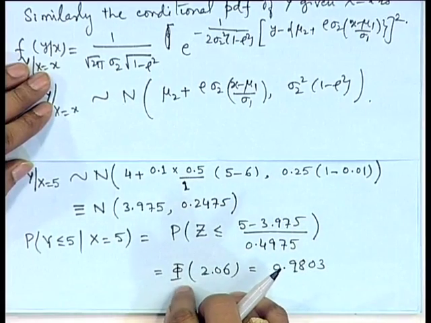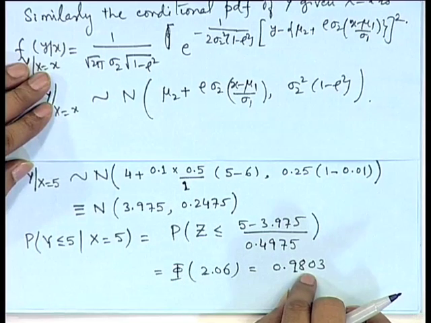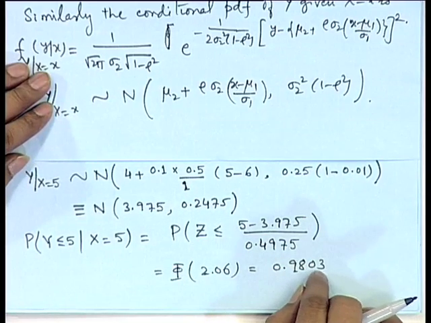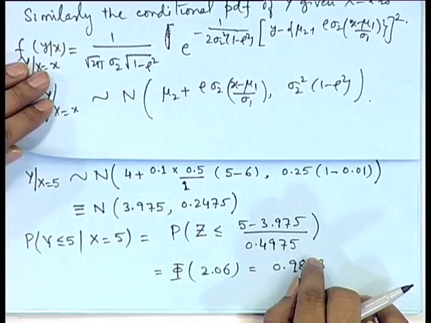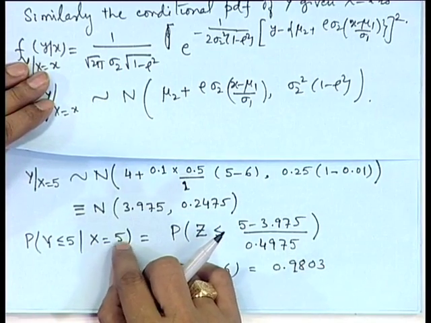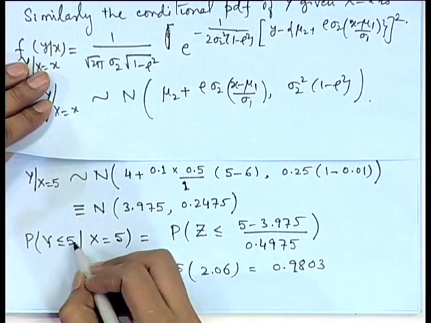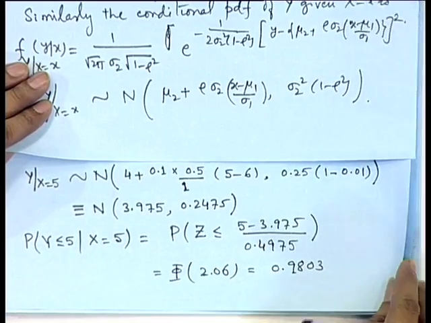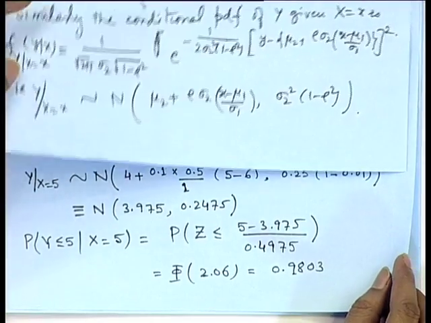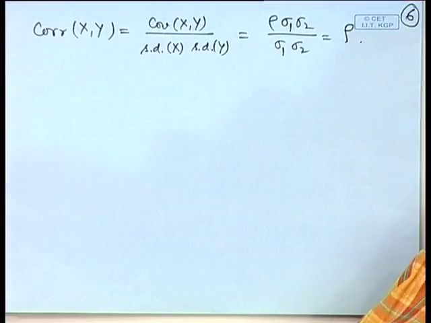After simplification it turns out to be phi of 2.06, which is 0.9803, which is quite a high probability, but that is understandable because in January there is more rain. Since the variables are correlated, it is affecting the probability of y also. Let us take up another example of a similar nature.